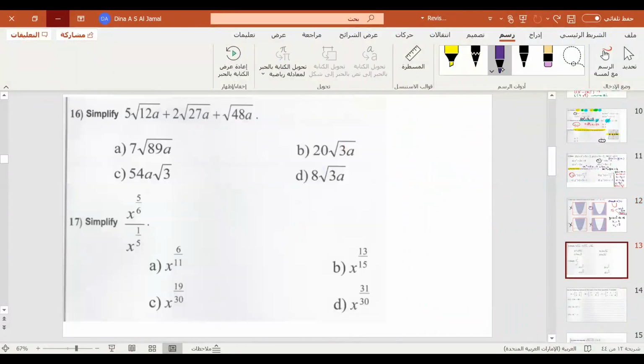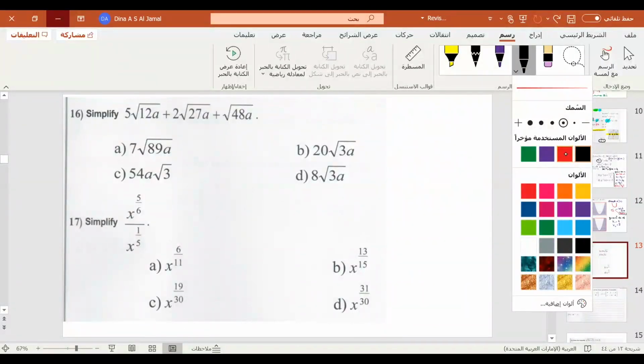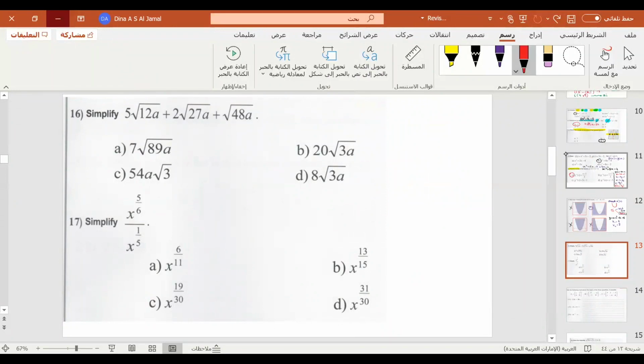Let's go to the last two questions. This exam was containing questions about probability, but I have removed them because already in your curriculum now of term 1, whatever is included in the curriculum is not the probability. So let's see now, how can I solve such a question? Simplify, and he's giving you terms.